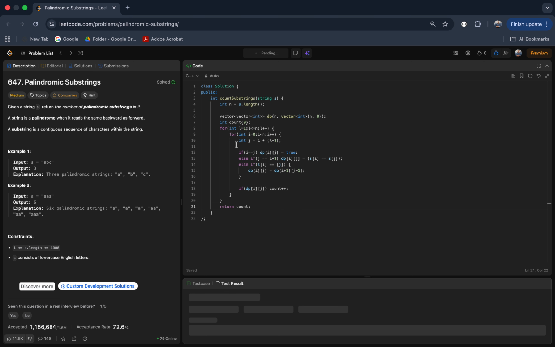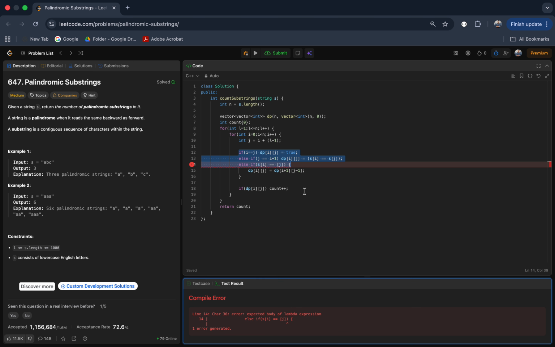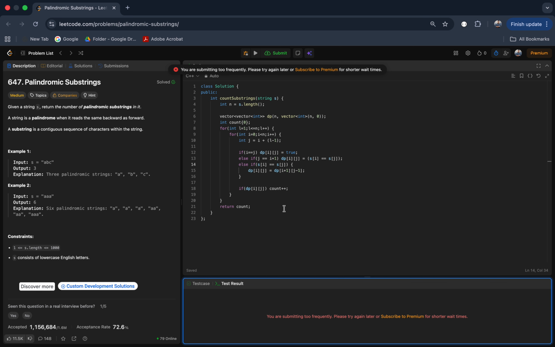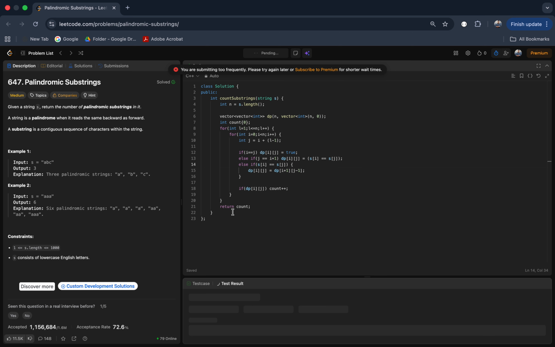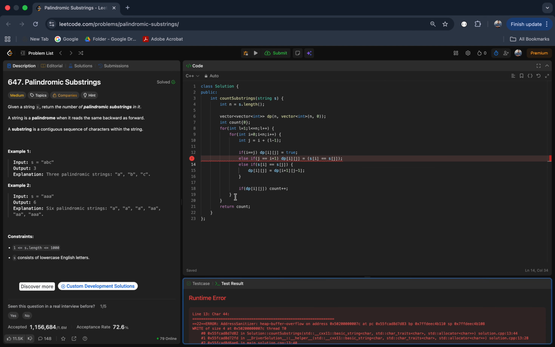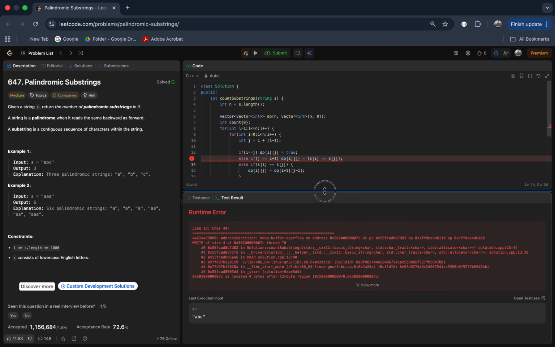I think everything seems perfect, and edge cases are also taken care of. But what had happened? Index overflow.